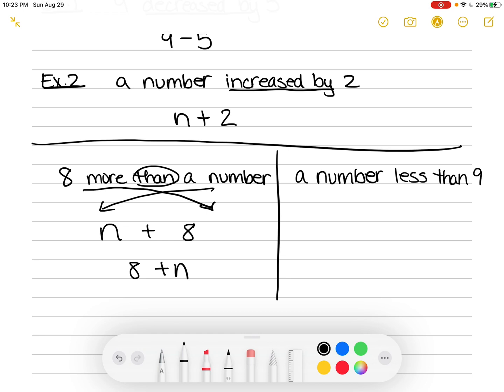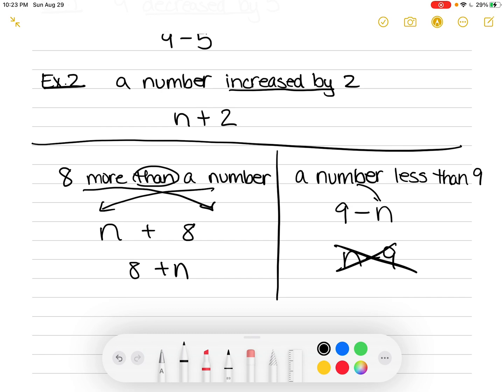We're saying a number less than 9 means that I'm going to do 9 minus n. And when I do subtraction, 9 minus n is not the same thing as n minus 9. Those are not the same thing. So that would not be correct.